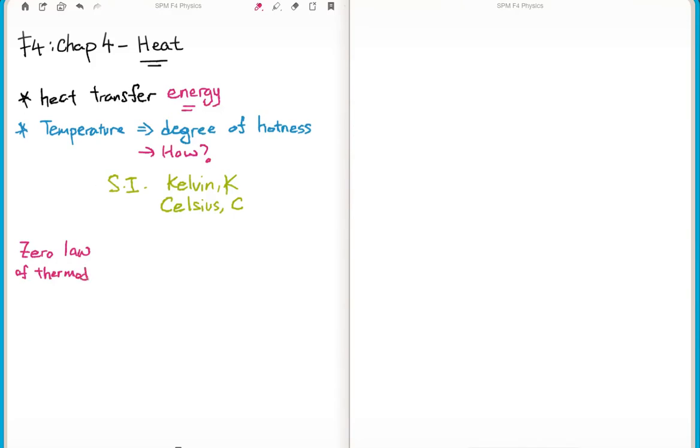So what does this actually tell you? It's all about thermal equilibrium.